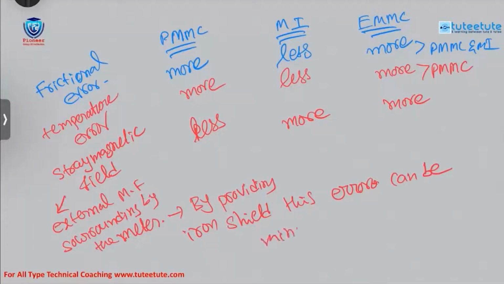Is it clear, sir? This is also important for our exam. What is meant by stray magnetic field? Stray magnetic field means the external magnetic field surrounding our meter. The error due to this magnetic field can be minimized by providing an iron shield for a given meter.